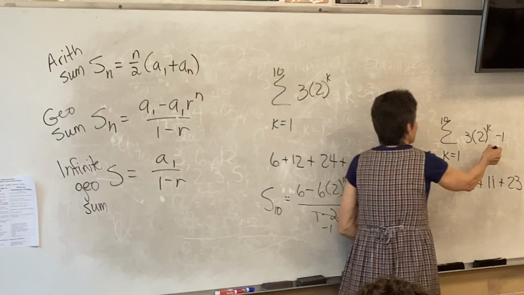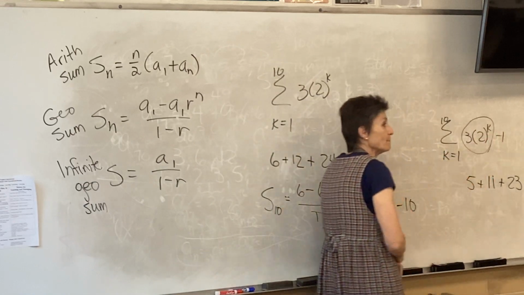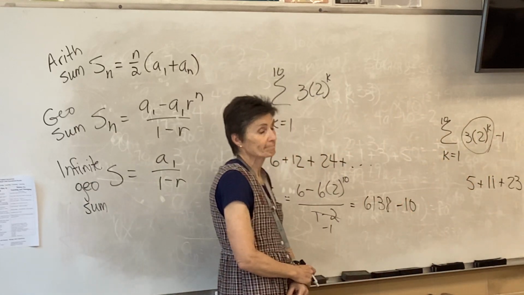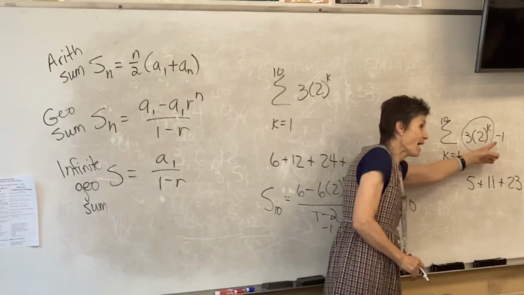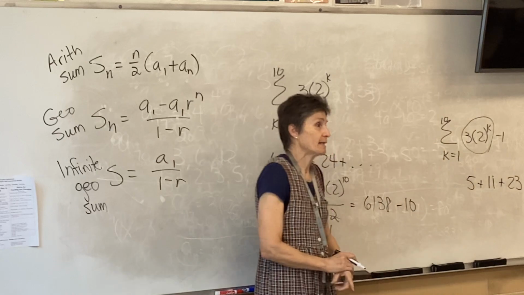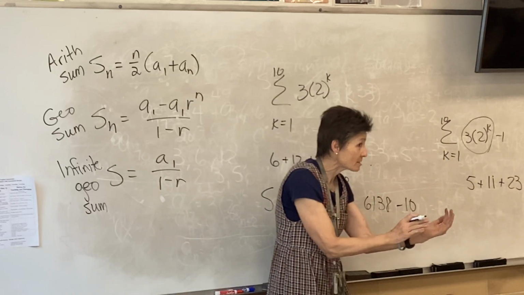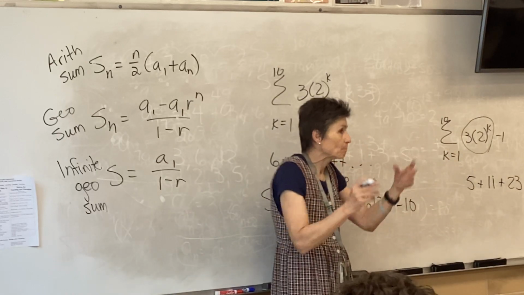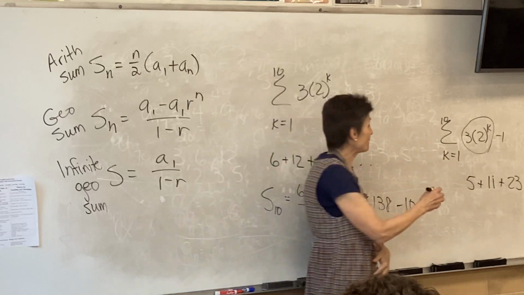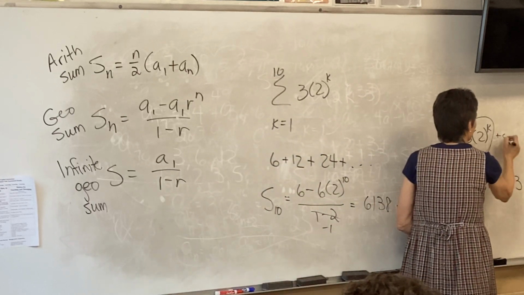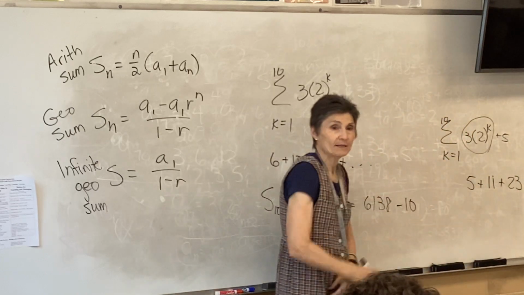Anything that looks like this is going to be geometric. When you start doing that, then it's not going to be geometric anymore, but you can do the geometric part and then deal with that plus or minus, whatever it is. Okay, so what if this had been a +5? Add 50. Yep.